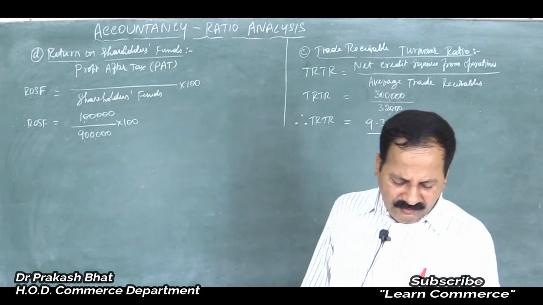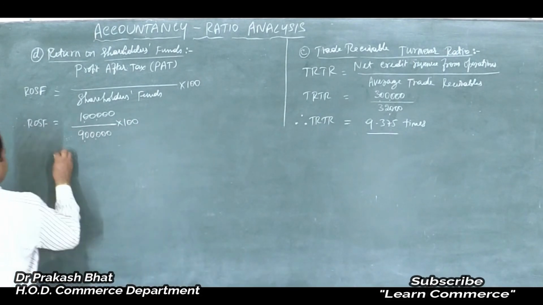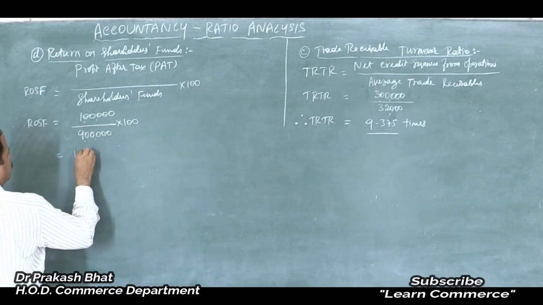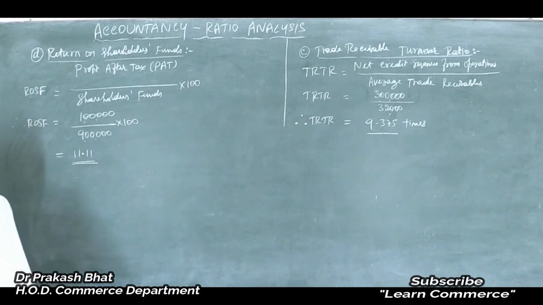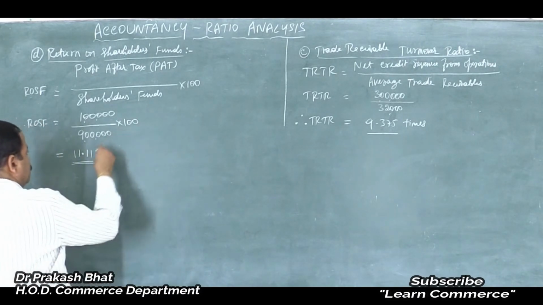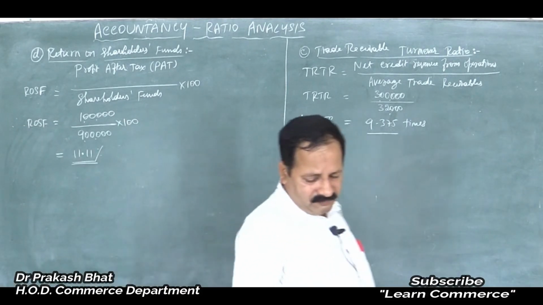So it will be how much? 11.11. That's all. When it is multiplied by 100, it means percentage. Very simple.